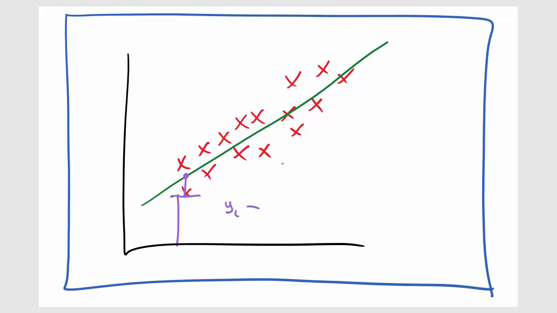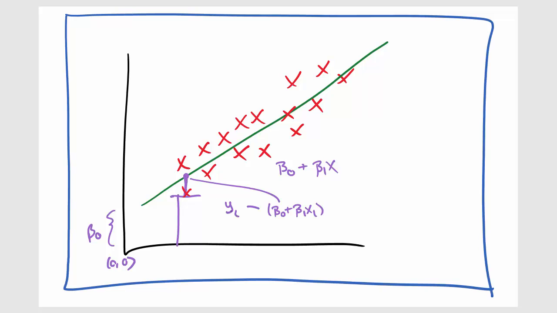So this line, let's assume, has intercept beta naught, so beta naught is the height along the vertical axis, and slope beta 1. That's the line we're interested in. So this point right there is beta naught plus beta 1 x1.